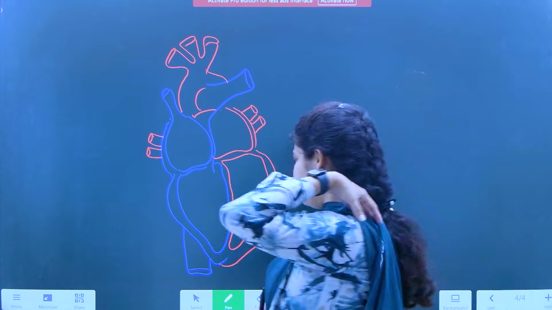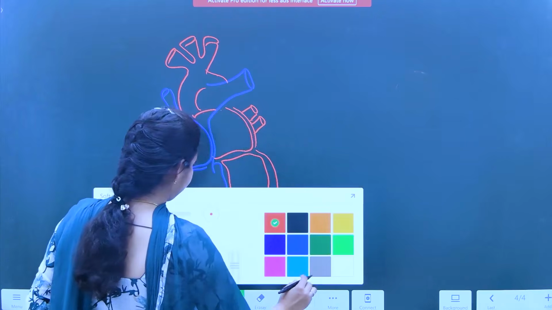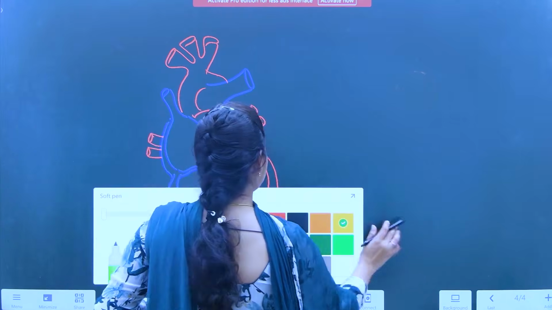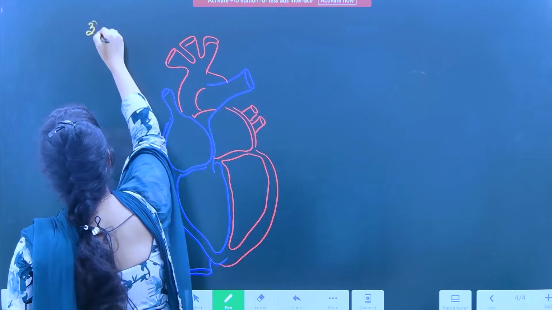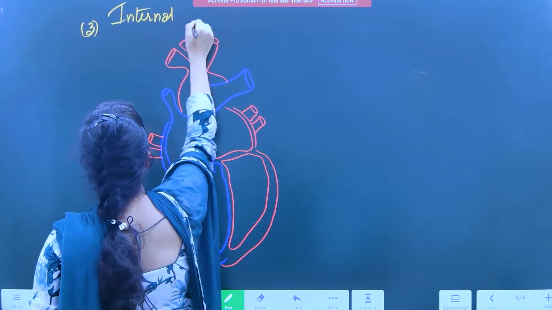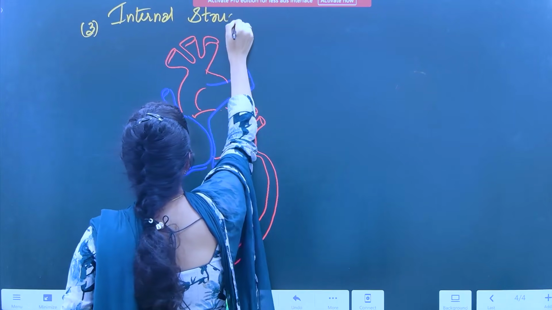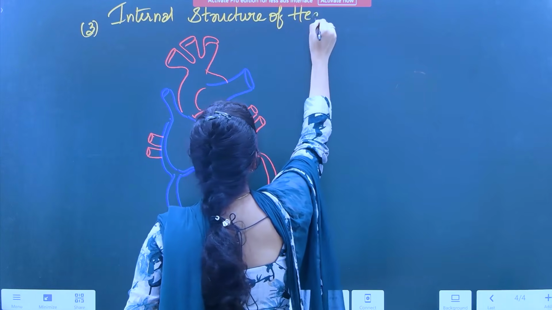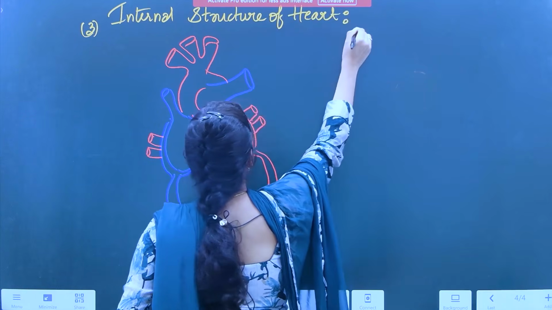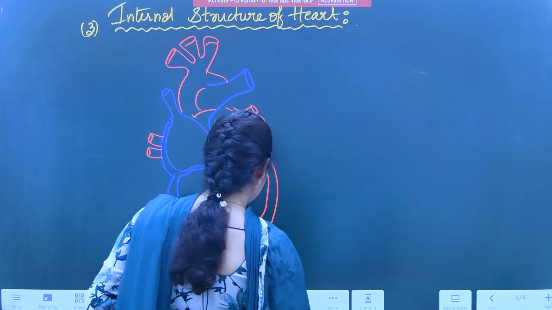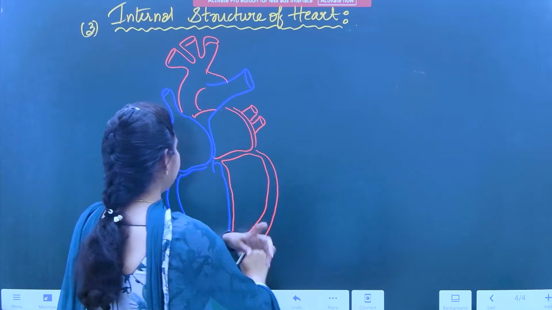So this is exactly how a heart looks. I am labeling everything with white. I will be labeling and writing some parts. What was the topic? The topic was the internal structure of the heart.